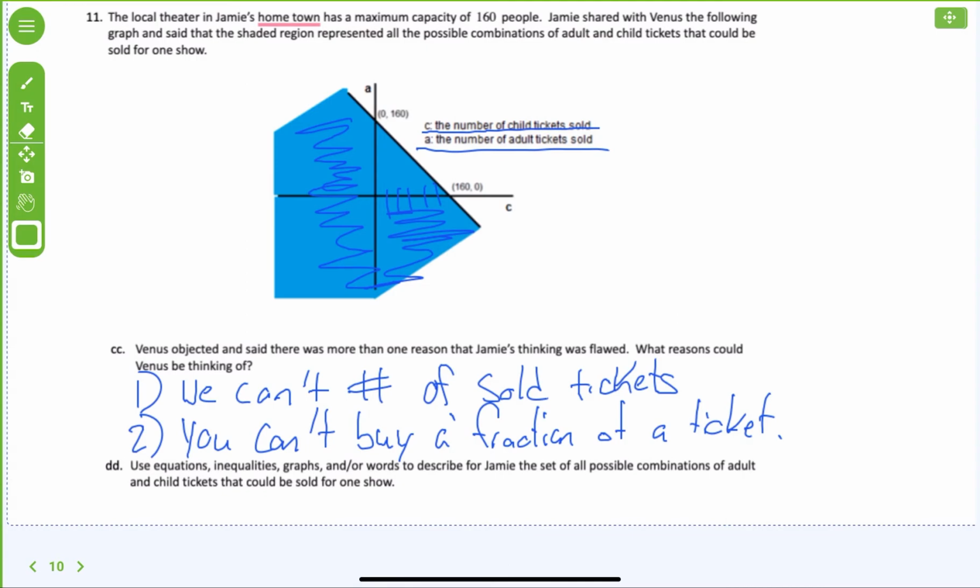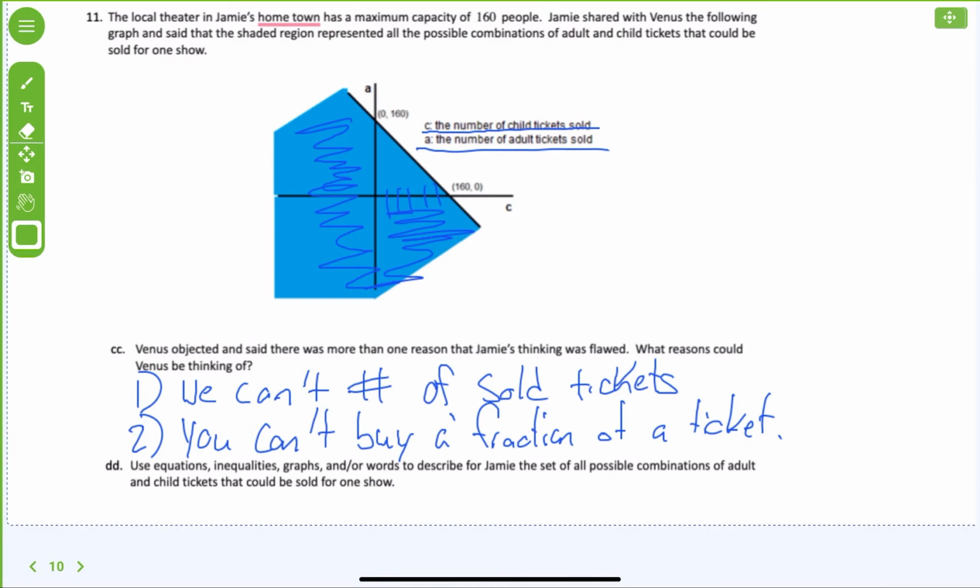So DD says, use equations, inequalities, graphs, and or words to describe for Jamie the set of all possible combinations of adult and child tickets that could be sold for one show. All right, so let's think about this.